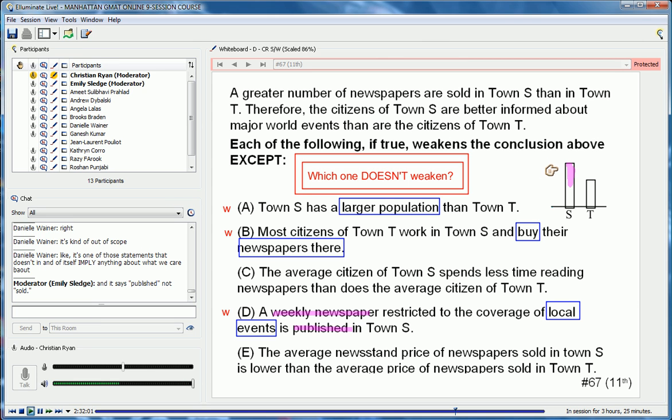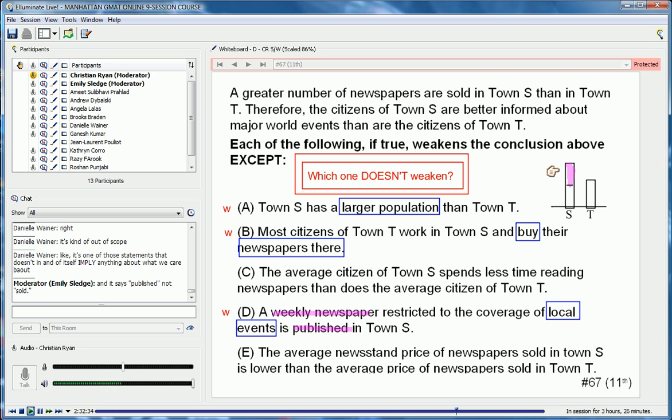Anything we do to attack this number as being not so relevant is weakening the argument. In the same way that A and B attack this number as either not the right metric, you should do it on a per capita basis, or that some of these papers are actually bought by out-of-towners, D is saying there's reason to believe that at least some of those papers don't actually deal with world events.